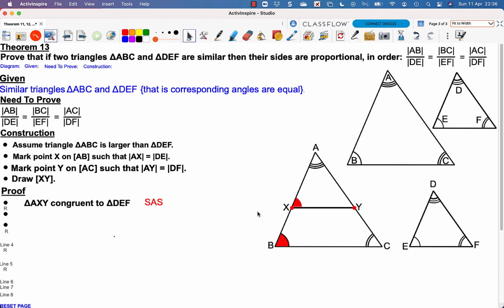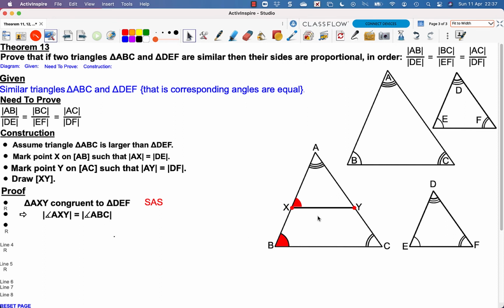Because the triangle AXY is congruent to DEF, these two angles are in corresponding positions, and consequently the angle at X is equal to the angle at E. But we also know from what was given in the theorem statement that the large triangle and the small triangle are similar, and therefore angle B is equal to angle E. Well, if X equals E and B equals E, then the angle X must equal the angle B. And we've formalized it here in writing.